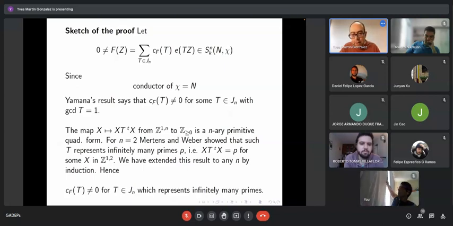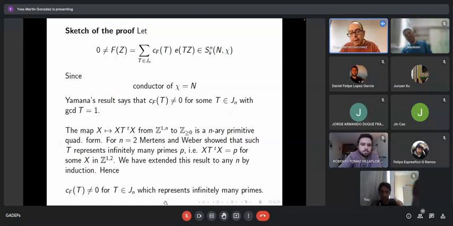In other words, I know that a primitive quadratic form in n variables represents infinitely many primes. I don't know which ones, but I know that infinitely many primes are represented by such a quadratic form. Hence, since I know that there's a Fourier coefficient indexed by a primitive t which is non-zero, I can say that such a t represents infinitely many primes.